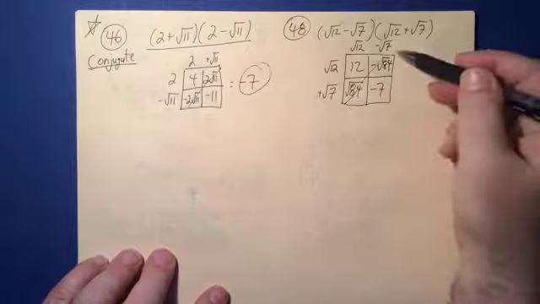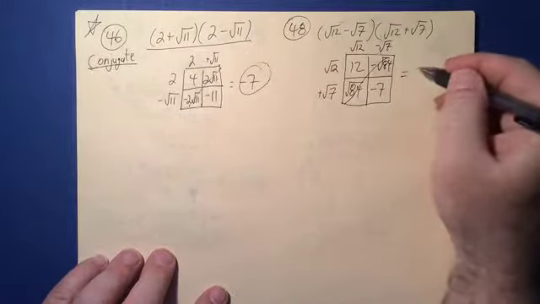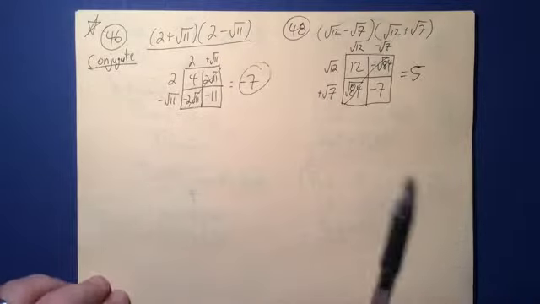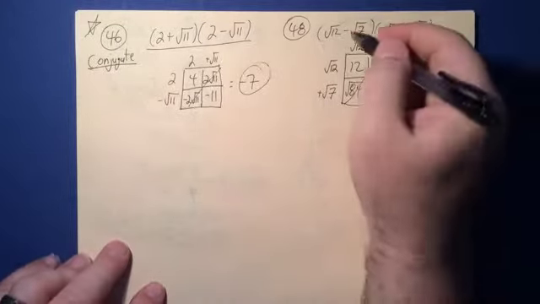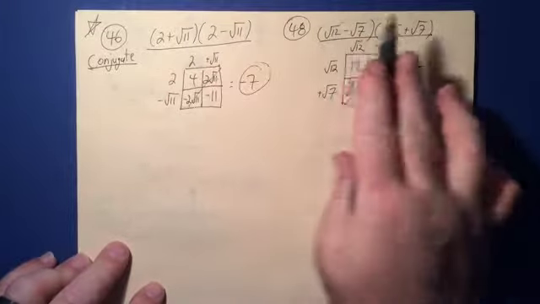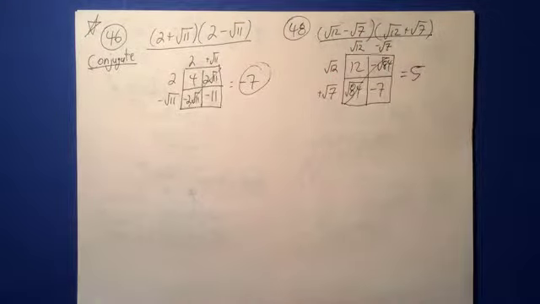Again, you'll see these two undo themselves, and 12 minus 7 is equal to 5. So both of these problems involve conjugates. And again, I want you to see how these two are similar to each other, these two are similar to each other, and how both problems are similar together. We're going to come back to that in a little bit and just explore a few other questions that we need to look at here.